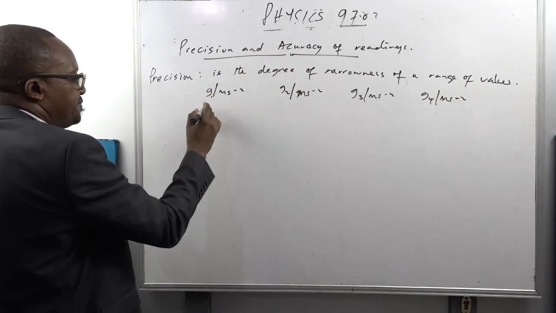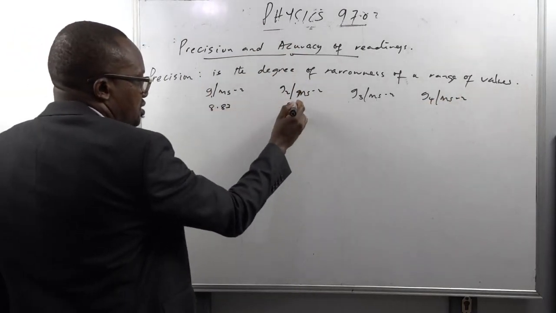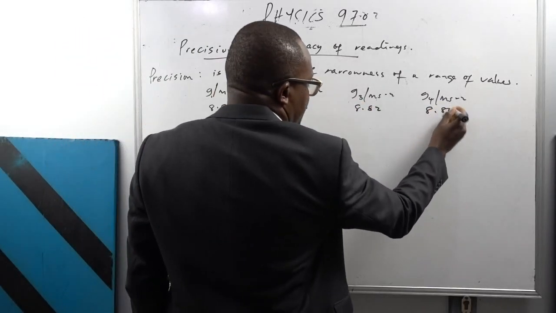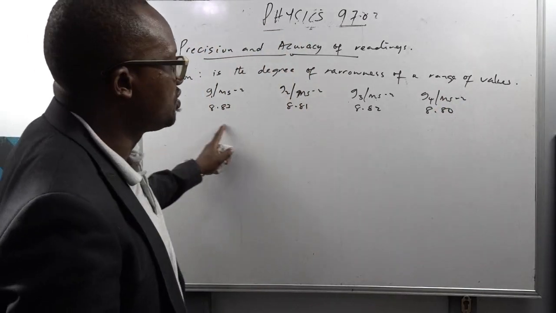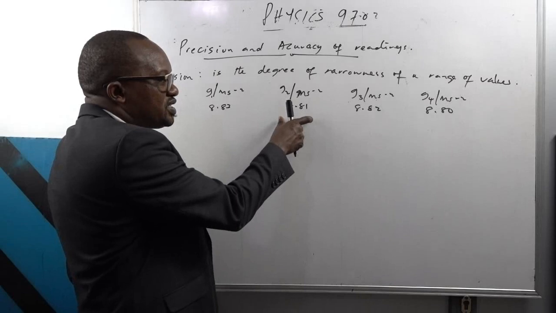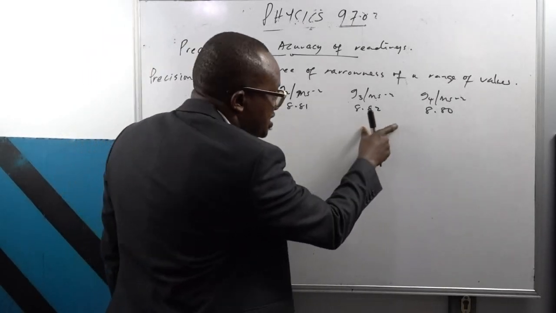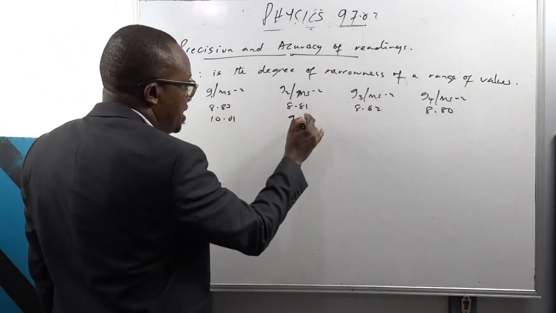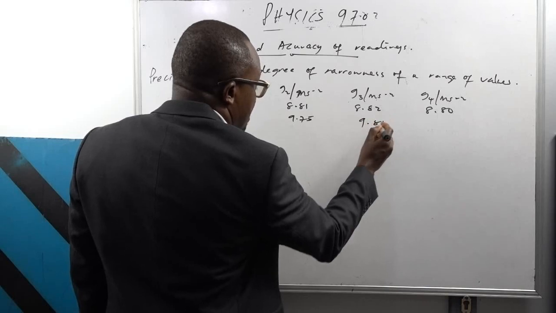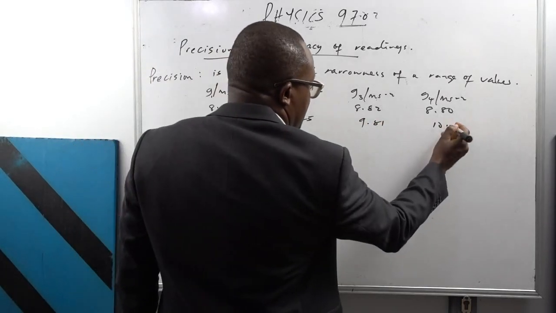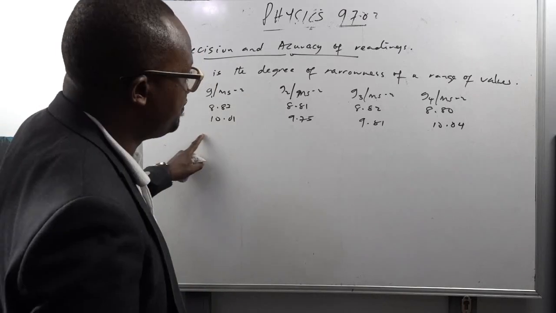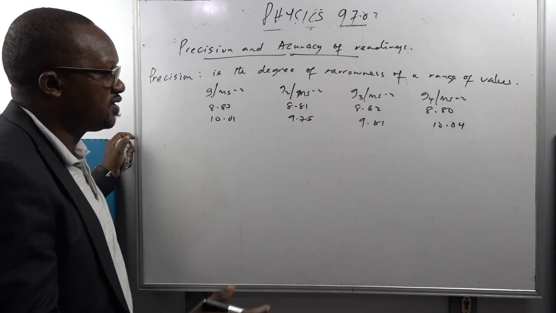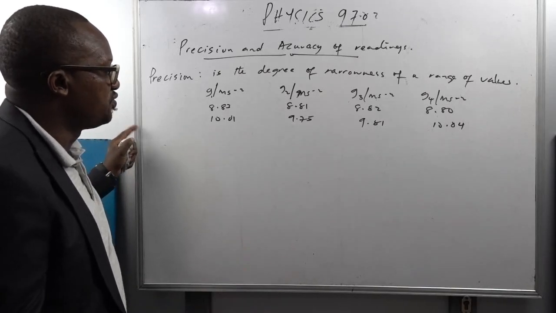The first set is 8.83, 8.81, 8.82, 8.80. If you look at these values, they are precise because their range is narrow. But if I have 10.01, 9.75, 9.81, 10.04, this set of values is not precise because their range is farther apart, the difference between 10.04 and 9.75.